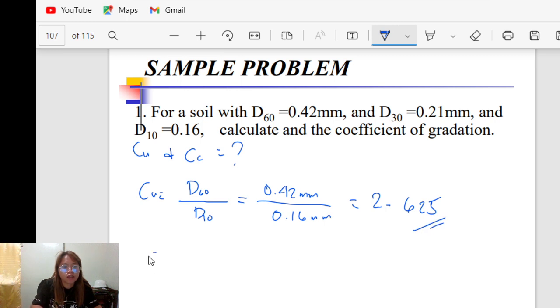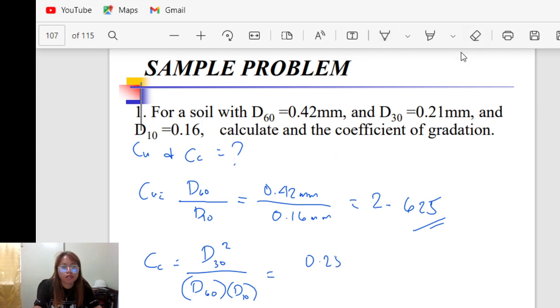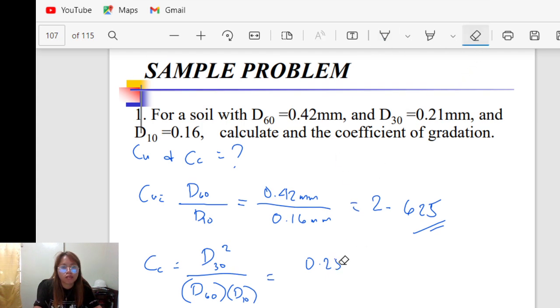And for C sub C, or the coefficient of curvature, that is D30 squared over D60 times D10. D30 is 0.21, so 0.21 squared over 0.42 times 0.16.